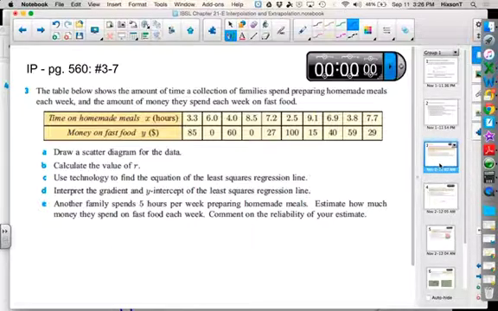Use the data here, get these first 3 questions first of all, and then consider parts D and E. We have a situation here where we're looking at the amount of time a collection of families spends preparing homemade meals versus the amount of money they spend every week on fast food. Okay? So let's work through this and we'll discuss it once we have some numbers.